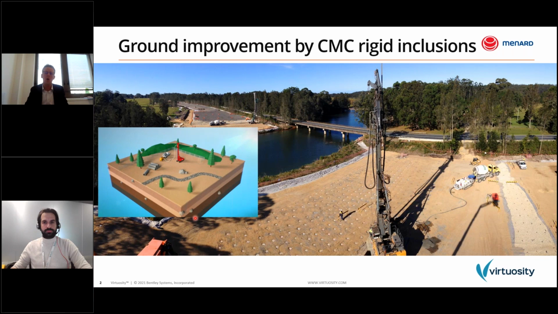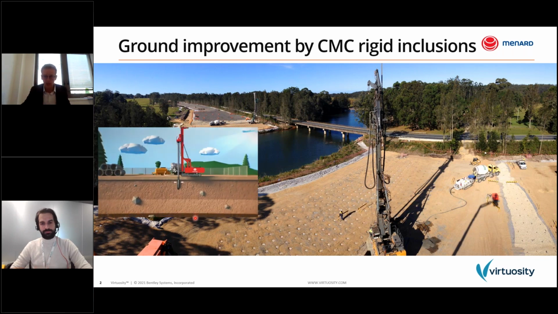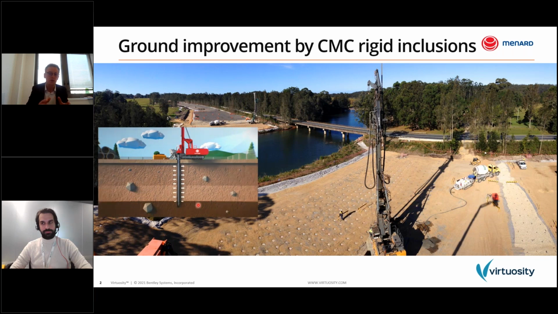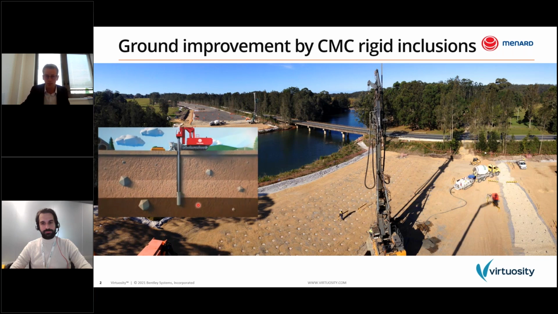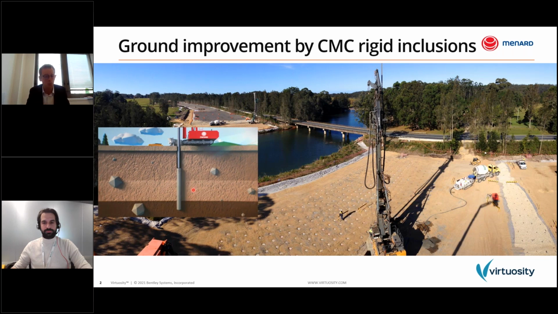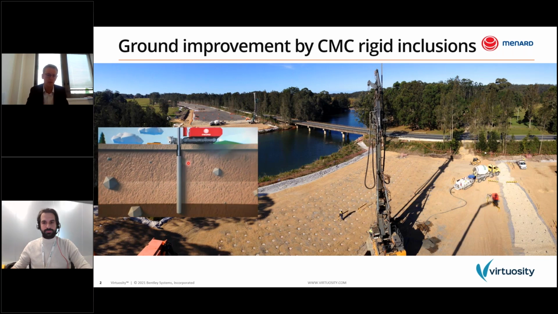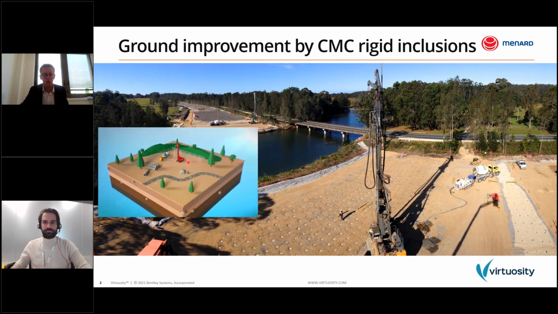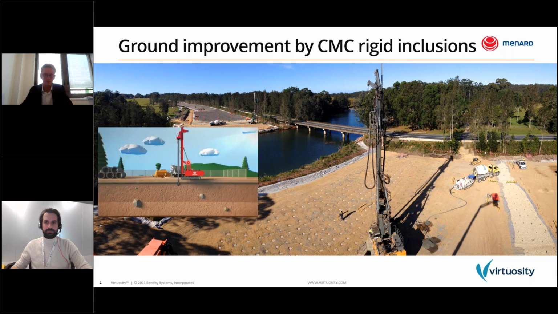Then during the auger extraction process, a column is developed by grouting under controlled limited pressure through the displacement auger. At the end, we get a composite ground improvement system, and the diameter of the rigid inclusion is typically between 250 millimeters and 450 millimeters.